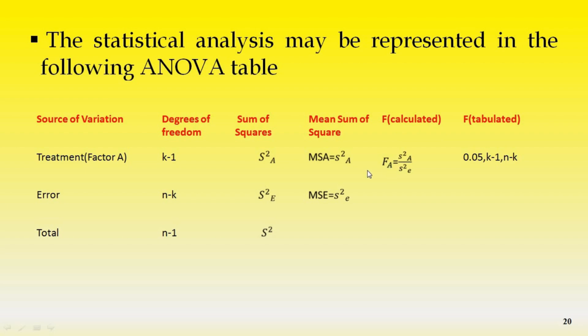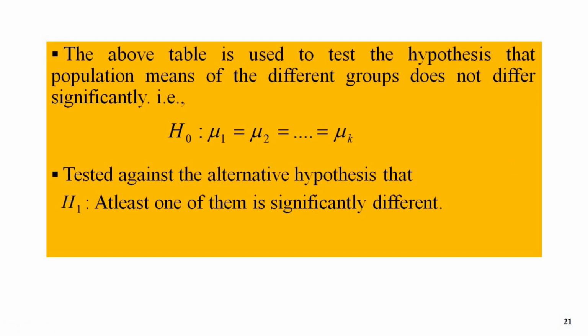The F statistic for factor A, FA, equals s_a square by s_e square, and the F tabulated value is at the 5% level of significance with degrees of freedom k minus 1 and n minus k. So this table is used to test the hypothesis that population means of the different groups do not differ significantly.